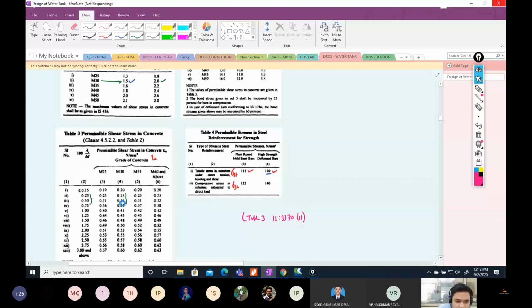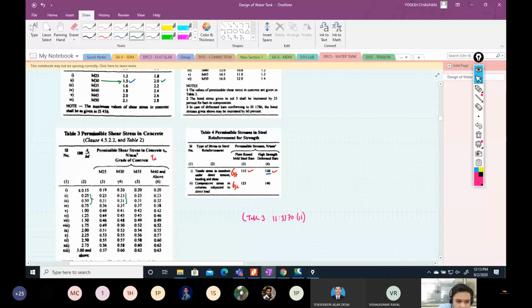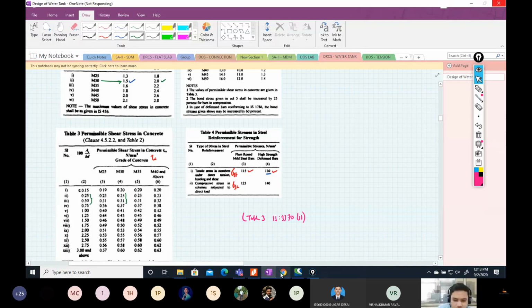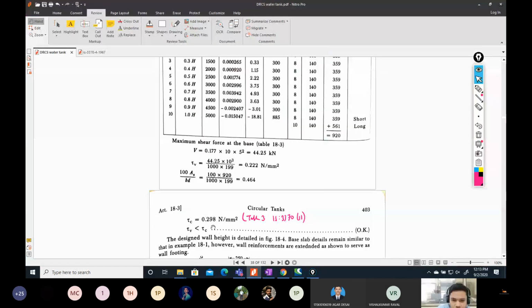Okay, ours is 0.464, so it will be 0.29 or something like that. So here it is 0.29 or 0.3. Whatever the interpolated value comes out, this is how the value of tau c you can get. And in our case, the actual shear stress is 0.22 and the permissible shear stress is 0.298.